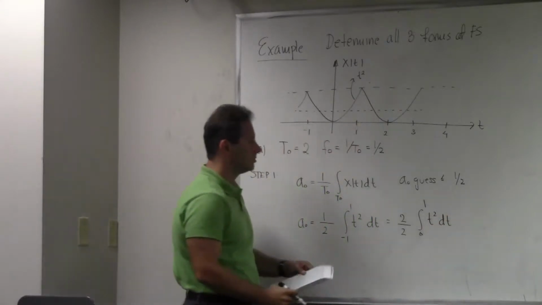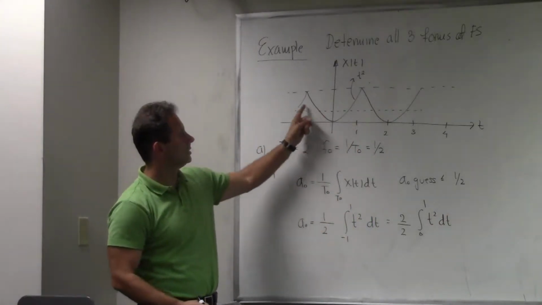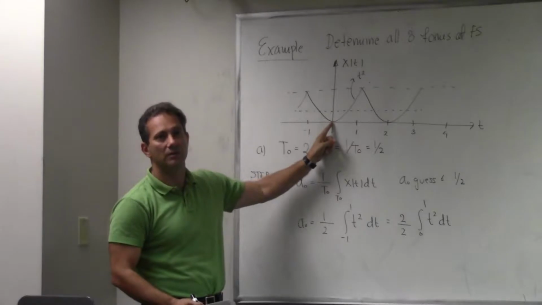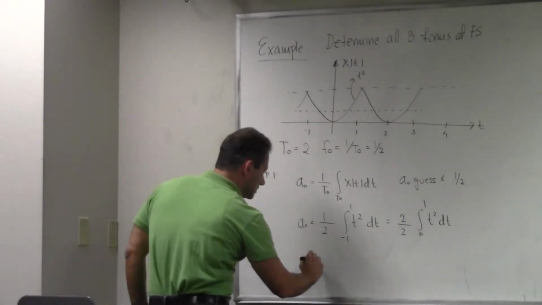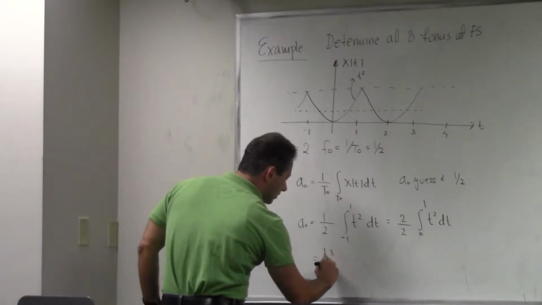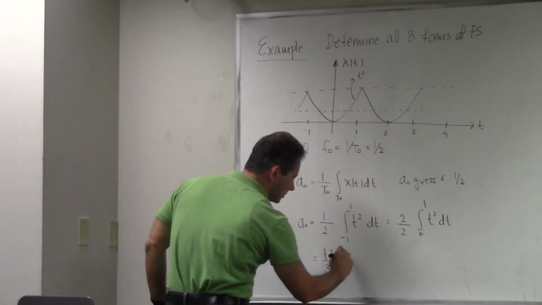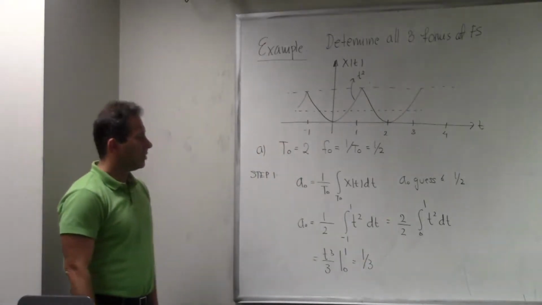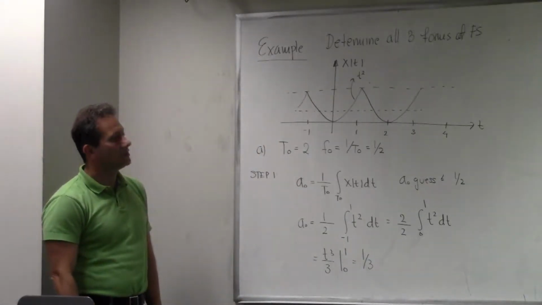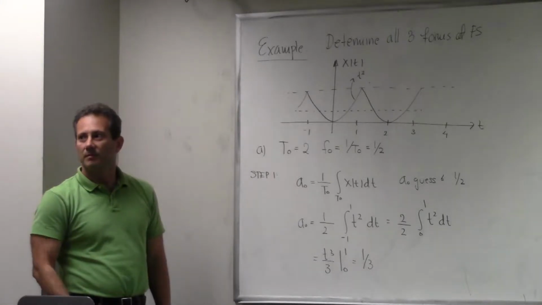Why? On account of this being an even function, so integrating from here to here, the area under the curve is the same as from here to here. So this is t cubed over 3 from 0 to 1, so it's 1/3. So I'm claiming that the DC value of this signal is about 1/3.